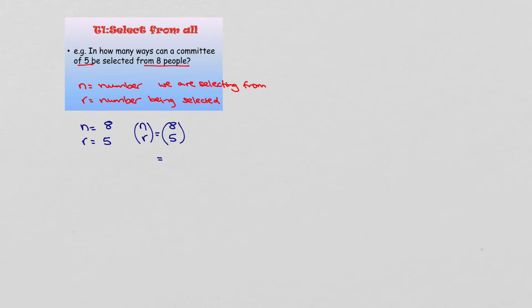On the Casio, we press 8, shift, the divide button, 5, equals, which is 56. On the Sharp, you would press 8, second function, 5, and then the number 5 again, and that equals 56. So there are 56 ways of making a committee of 5 people from 8.